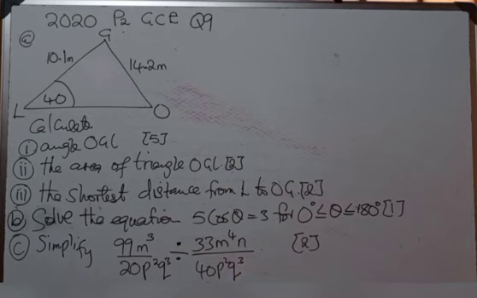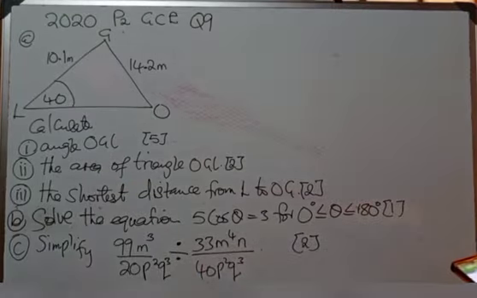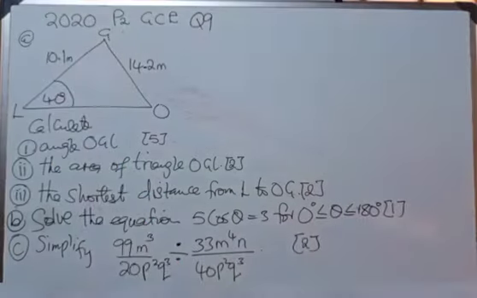Those are the positions. Then it continues by saying, given that AOG is 10.1 meters, then we have OG is 14.2 meters, and angle OLG is 40 degrees.